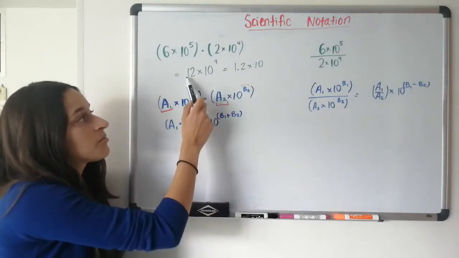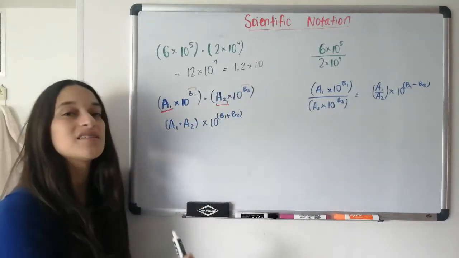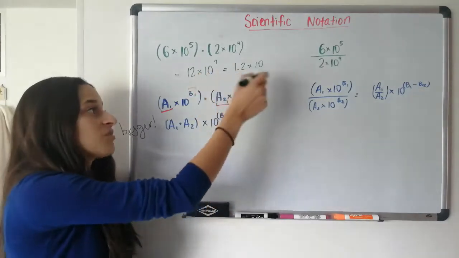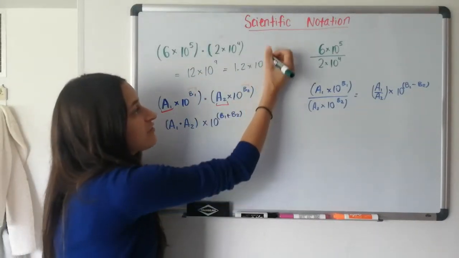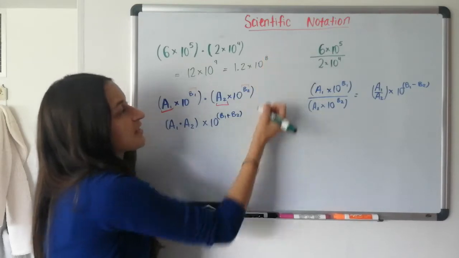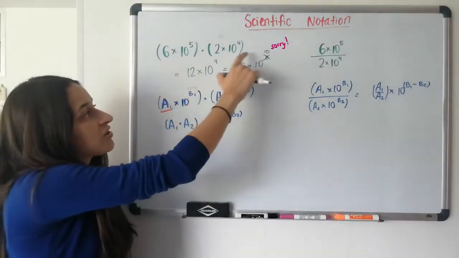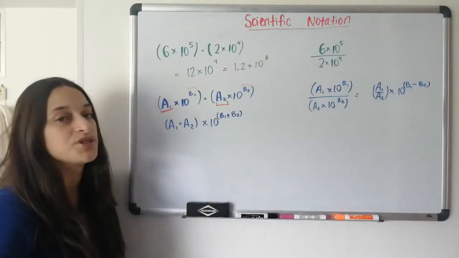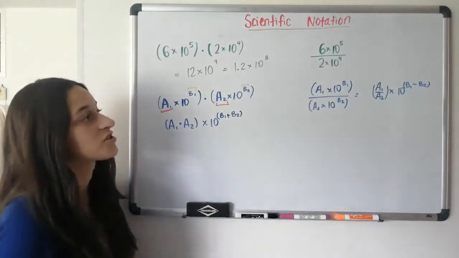Because this number 12 is bigger than 1.2, the exponent has to be smaller to compensate so that it's the same number. Since we move the decimal point 1 to the left, we subtract 1 here and we get 1.2 times 10 to the 8. If you put this in the calculator, surely you're going to get 1.2 times 10 to the 8. So that would be the solution for this multiplication.